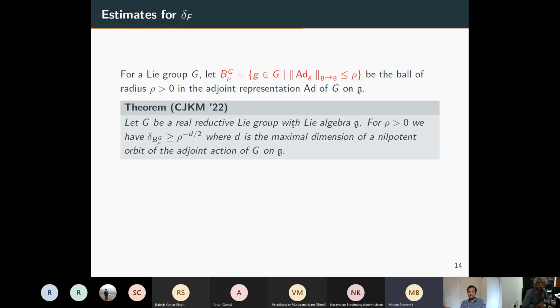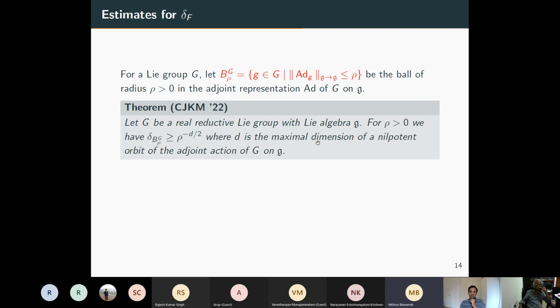So if you look at this ball of radius rho, all group elements whose adjoint representation norm is less than rho, then the delta function associated with this set is bounded below by the radius rho to the power negative d over 2.